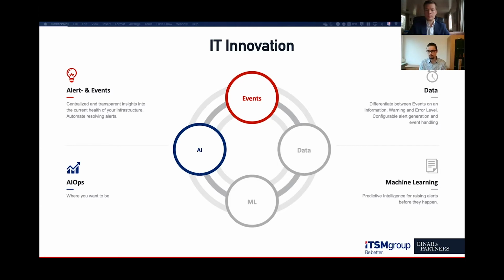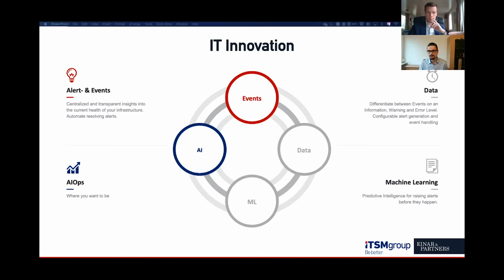We have an overall overview. We can see what kind of services and how their availability is impacted by these alerts. And based on the data of these alerts and these events, we can help our service desk, for example, help the agents to make decisions of what is of a high priority and what is of a lower priority.